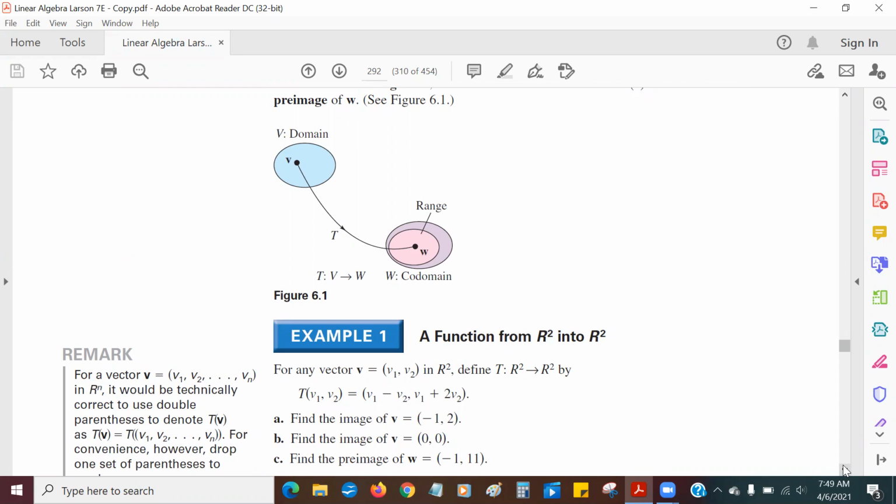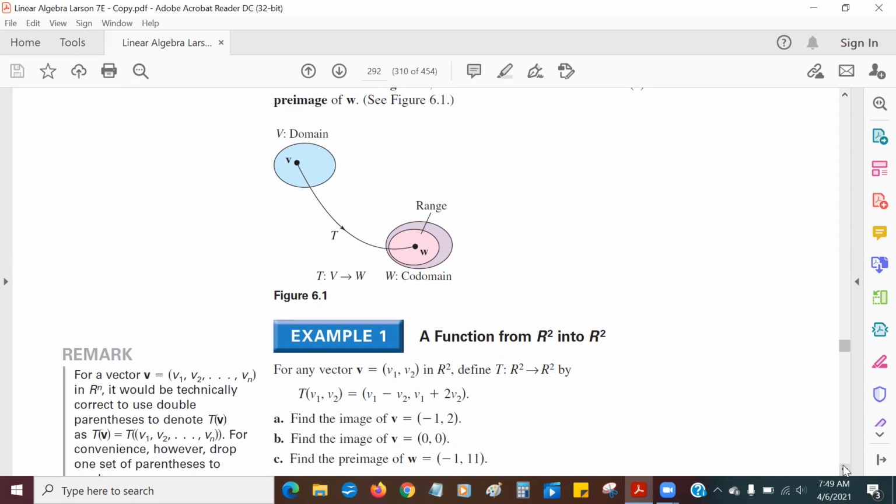We have a vector v, which is v1 comma v2. By the way, in this example the domain and the codomain happen to be the same vector space. Like I said, it doesn't have to be that way, but in this case it is.